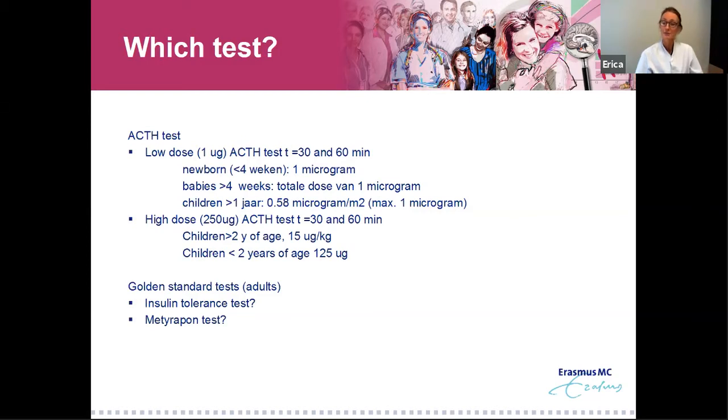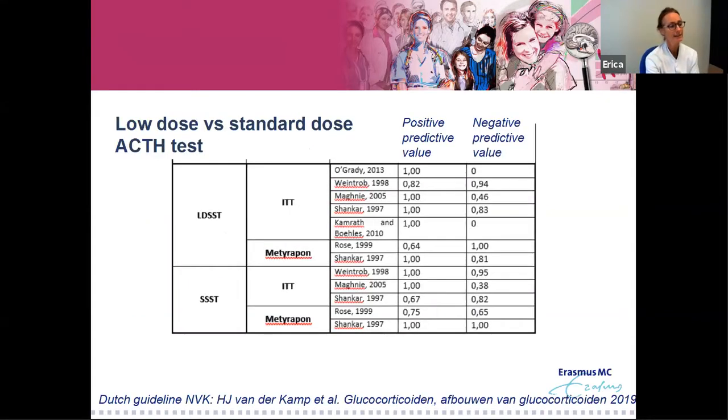But there are two different kinds of tests. One is the low dose test and the other is the high dose test, or also mentioned as standard dose test. They use different doses of ACTH. There is discussion also in literature which test to use. I think you can use both.